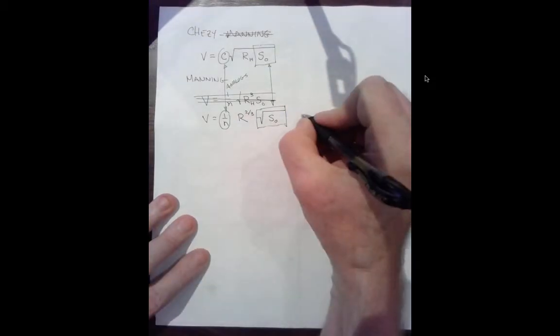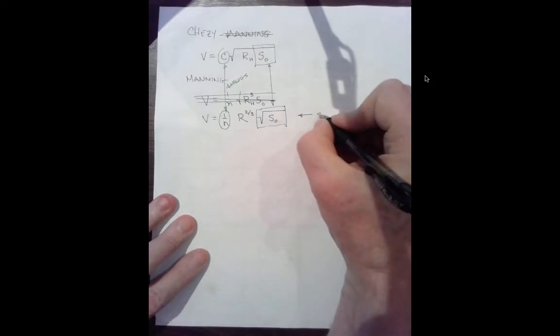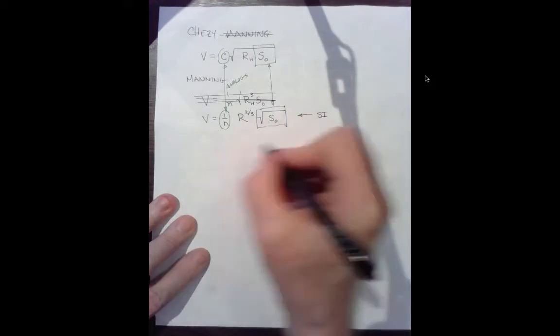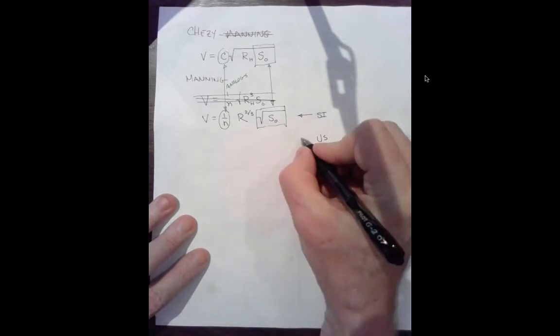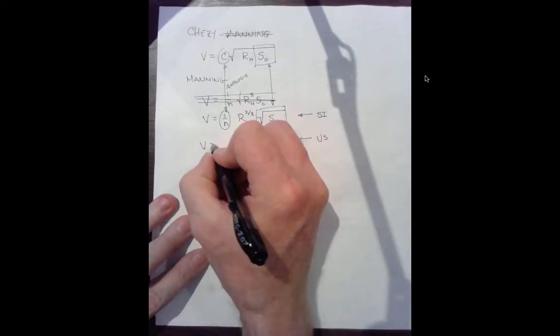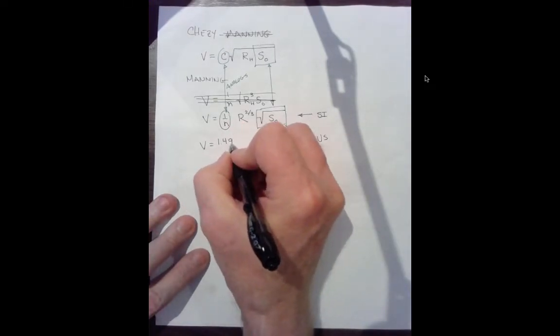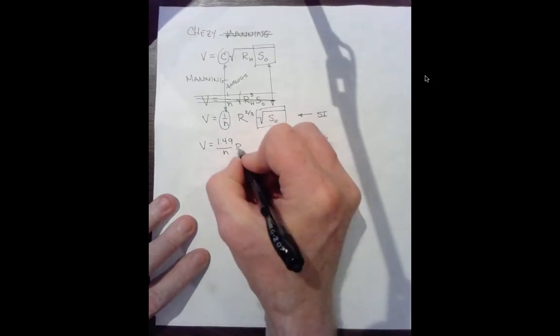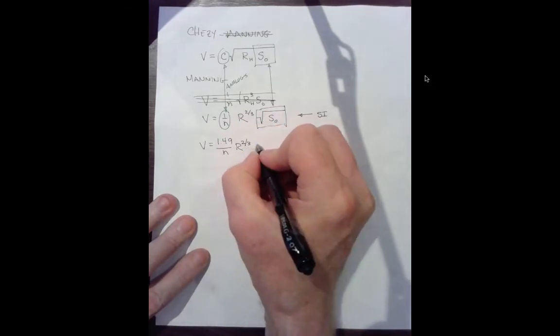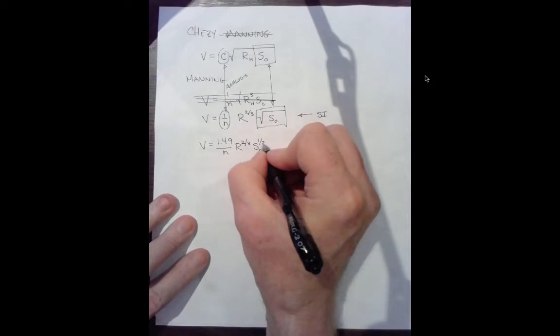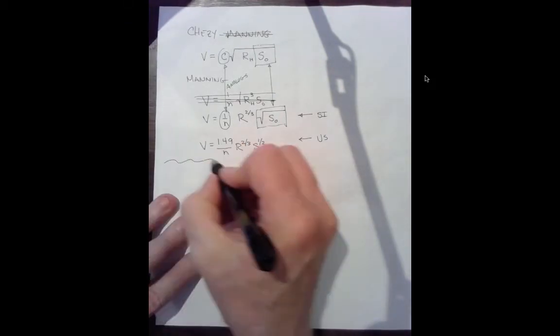Manning's equation is not a homologous equation, so it depends on units. So this is the SI representation. And the US customary representation is velocity equals 1.49 over n r to the 2/3 power s0 to the 1/2 power. Now let me rewrite both of these for clarity.